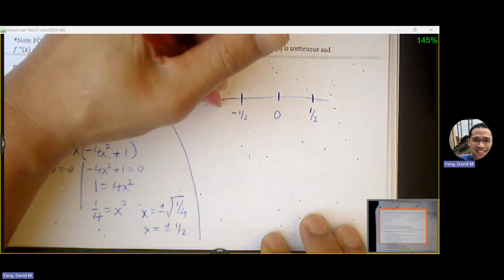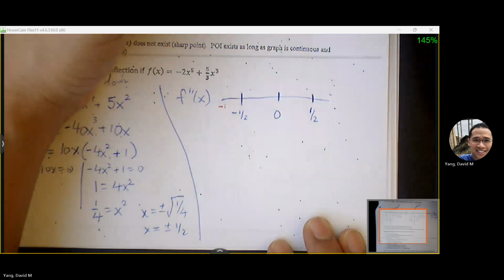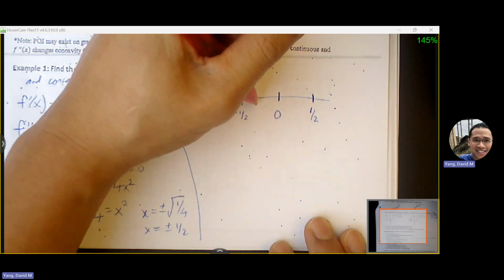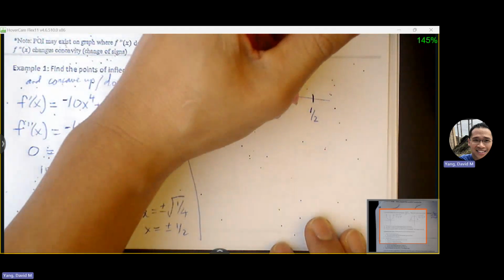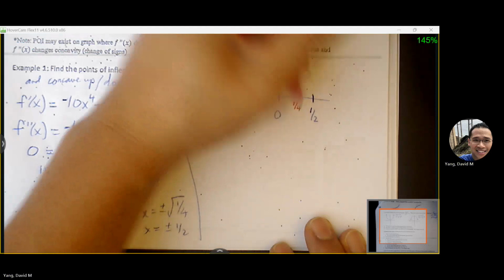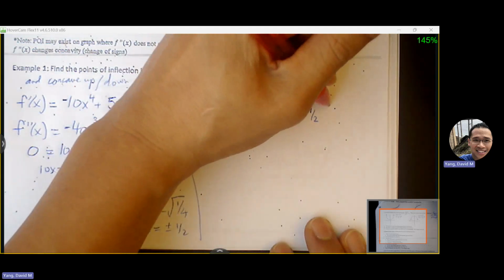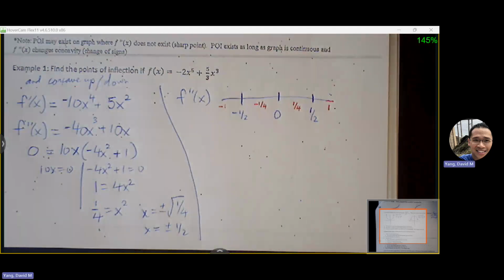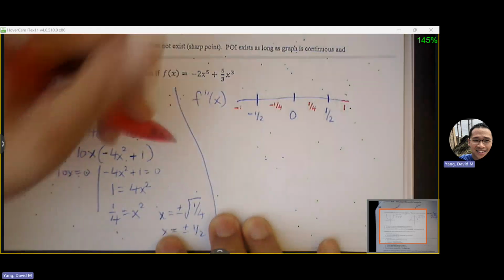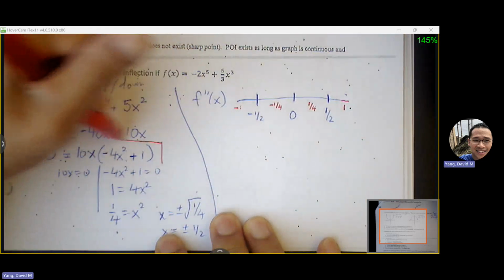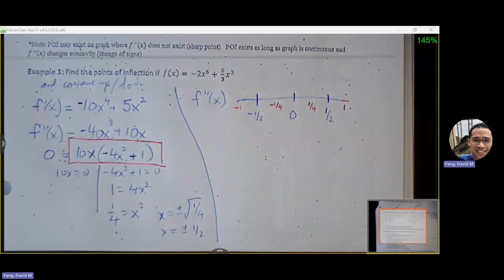So here to the left, I'll choose -1. Between -1/2 and 0, I'll choose -1/4. Between 0 and 1/2, I'll choose 1/4. And then to the right of 1/2, I'll choose 1. We're going to plug this into our f double prime because we're trying to gather information about concavity.